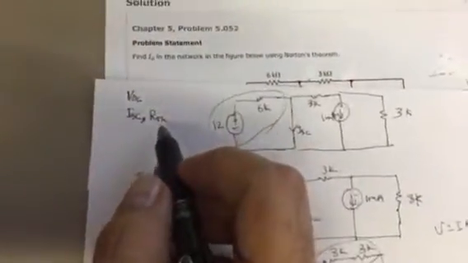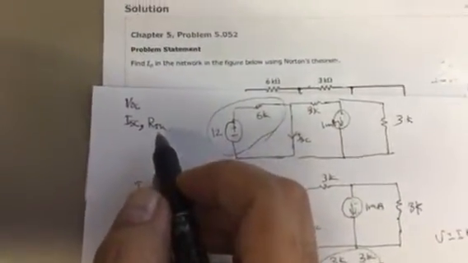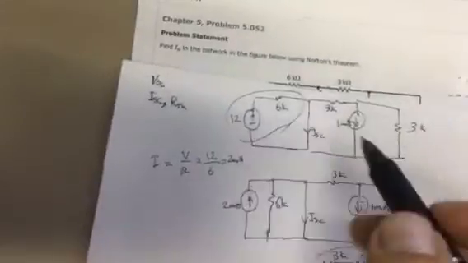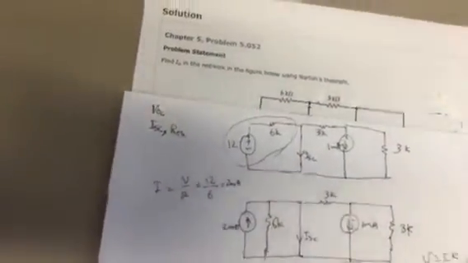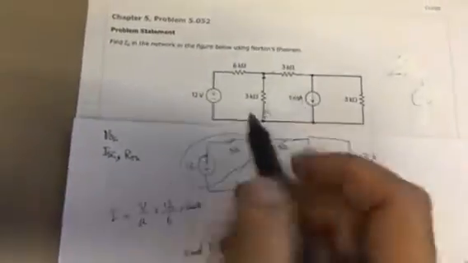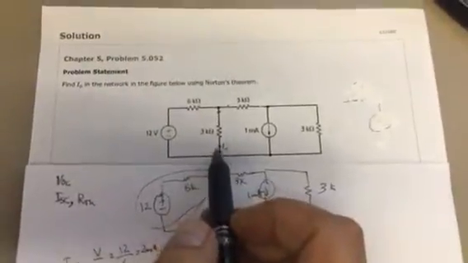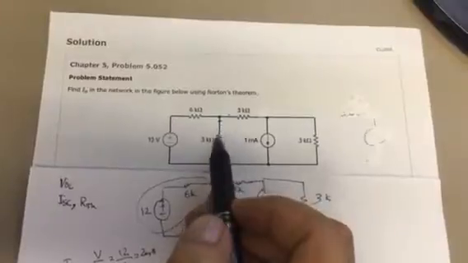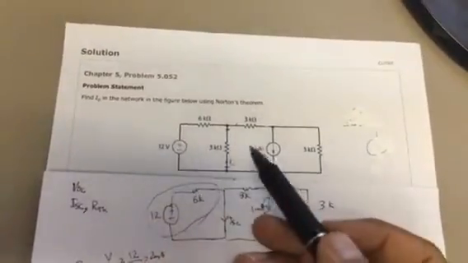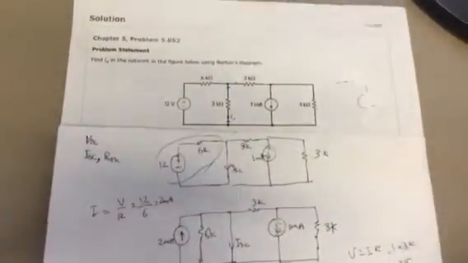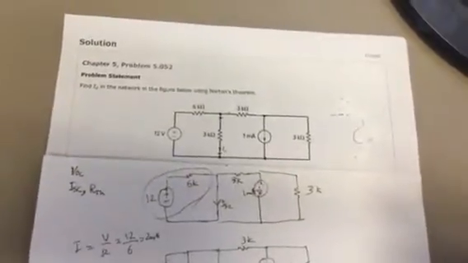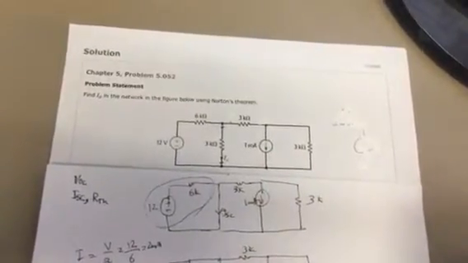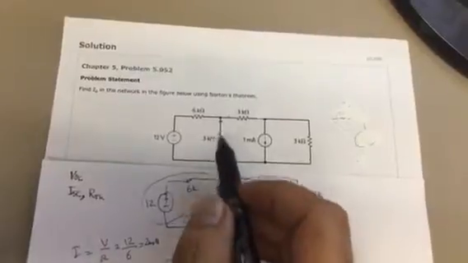But then the second step is to find the R Thevenin, as we said here. If I want to find the R Thevenin in this circuit, in order to find the R Thevenin, I do not short it.